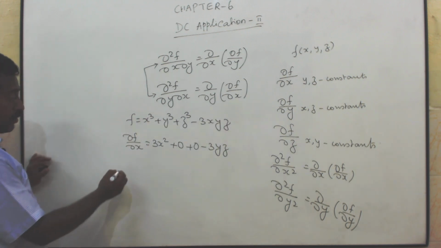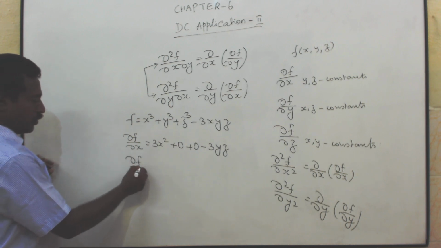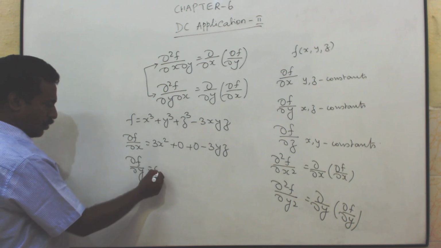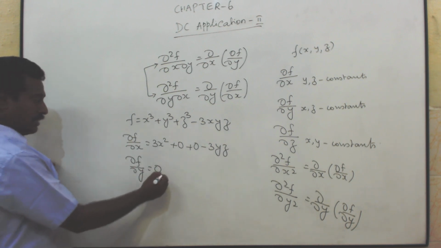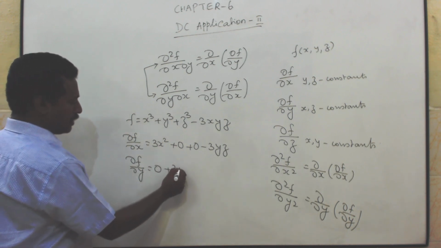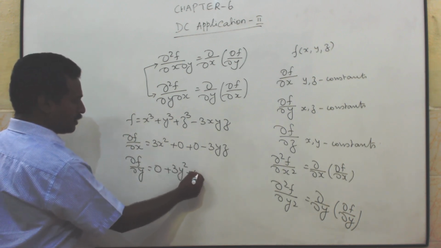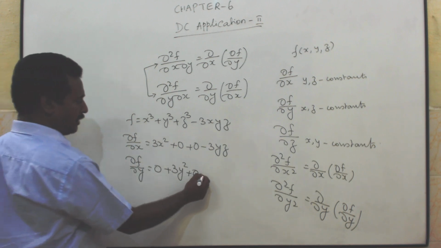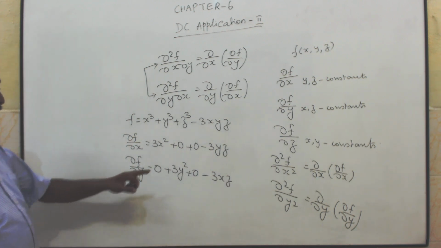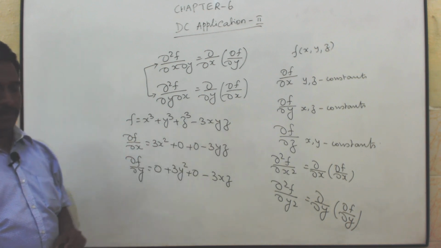Now see what comes for dou f by dou y, think about it. Dou f by dou y. Here there is no y, that's why 0. Here y is there. That's why differentiate. 3y square plus 0 minus 3xz. Because differentiation of y is 1.